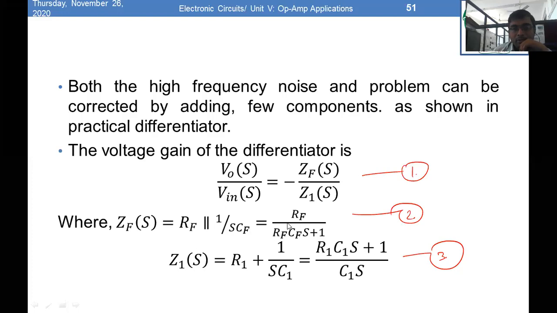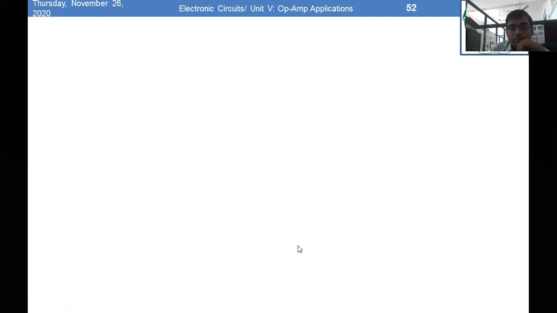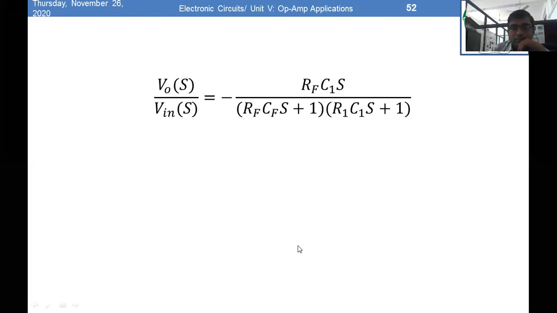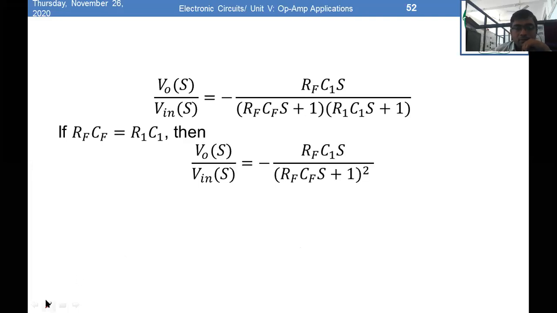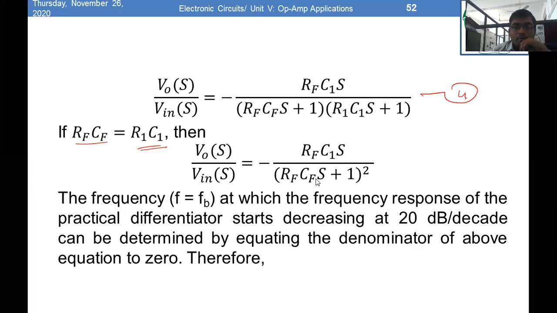You just substitute these two values in the numerator and denominator, and you get this relationship. Okay. So this is your equation number 4. If we substitute RF CF equal to R1 C1, the transfer function would now be V0 upon Vin(S) is equal to minus RF C1 S upon (1 plus RF CF S) whole square. This is your equation number 5.